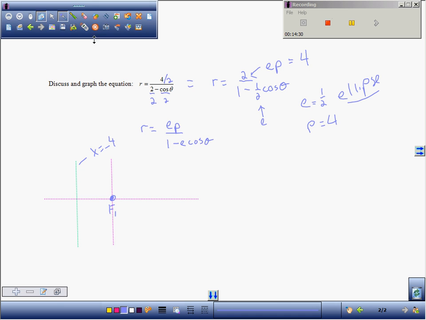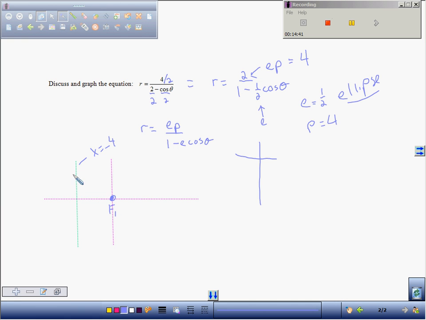So now, maybe I could try to use my ellipse. I'm not going to draw it in yet. Okay? So the first thing that you want to do is make a little table of values. The other thing I know, since the directrix is going this way, and one focus is right here, the ellipse is going to look something like this.